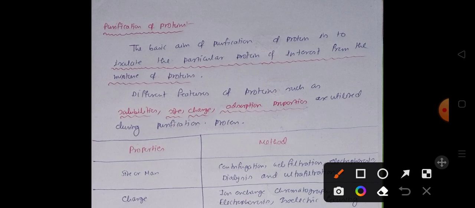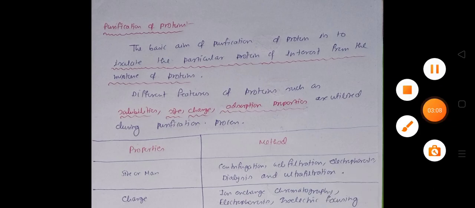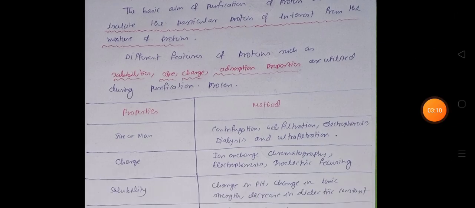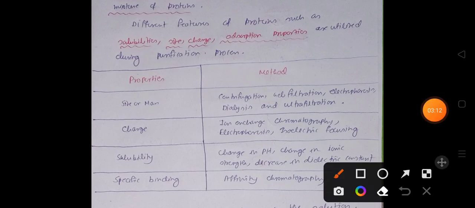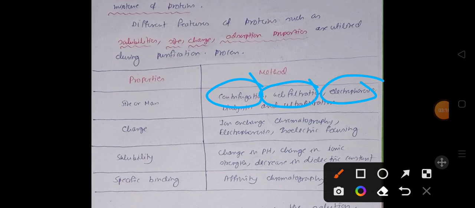Some of them we have already discussed and some we have not yet. If we want to separate proteins on the basis of size or mass, we perform centrifugation, gel filtration, electrophoresis, dialysis, or ultrafiltration. Electrophoresis here mainly means SDS-PAGE, right?